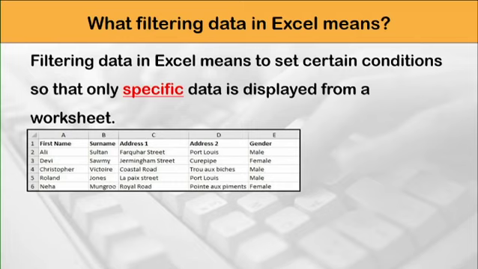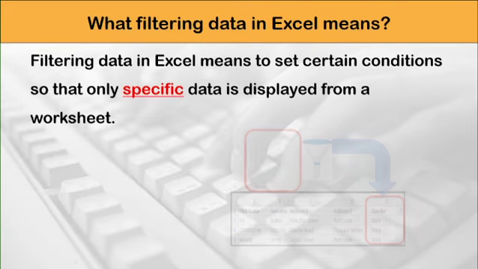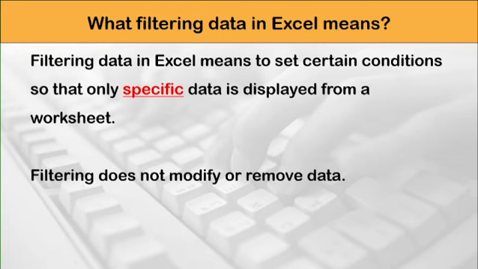If a list of only male employees is to be displayed, the gender column is filtered to show only this specific condition. Also note that filtering neither modifies nor deletes data, but hides those data not meeting the conditions temporarily.